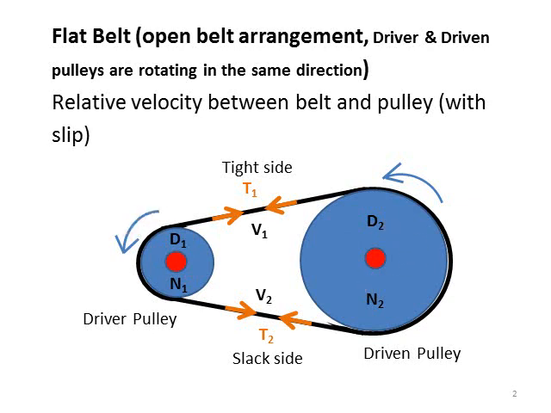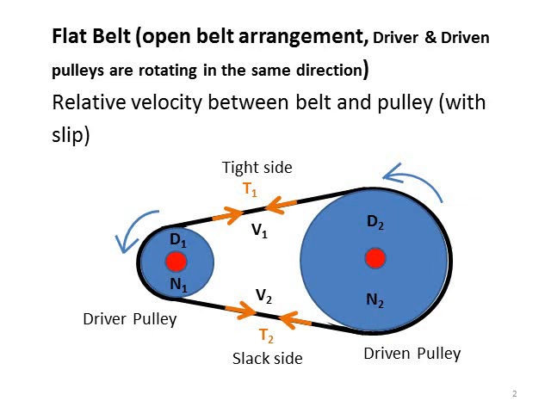The direction of rotation of the driver pulley and the driven pulley is the same, anti-clockwise. Diameter D1 represents the diameter of pulley 1, N1 represents RPM of pulley 1, D2 represents the diameter of pulley 2 or the driven pulley, and N2 represents the RPM of the driven pulley.